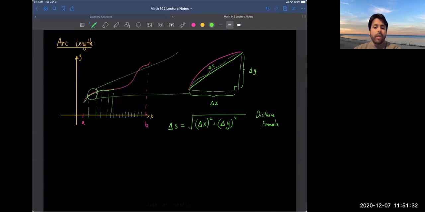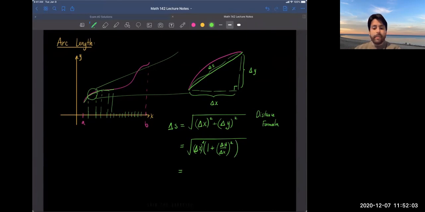So then how can I represent this here? You guys see how I can rewrite this? I'm going to factor out the change in x squared. So if I factor it out, what does it become? It becomes 1 plus the change in y over the change in x, squared. So there's a little bit of derivation here. Do you guys see how I factored out the change in x squared from both terms?